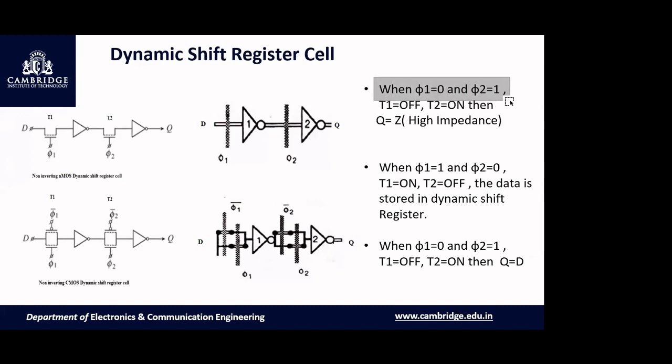When phi 1 is made 0 and phi 2 is made 1, your T1 transistor will be off and T2 transistor will be on. Getting it?